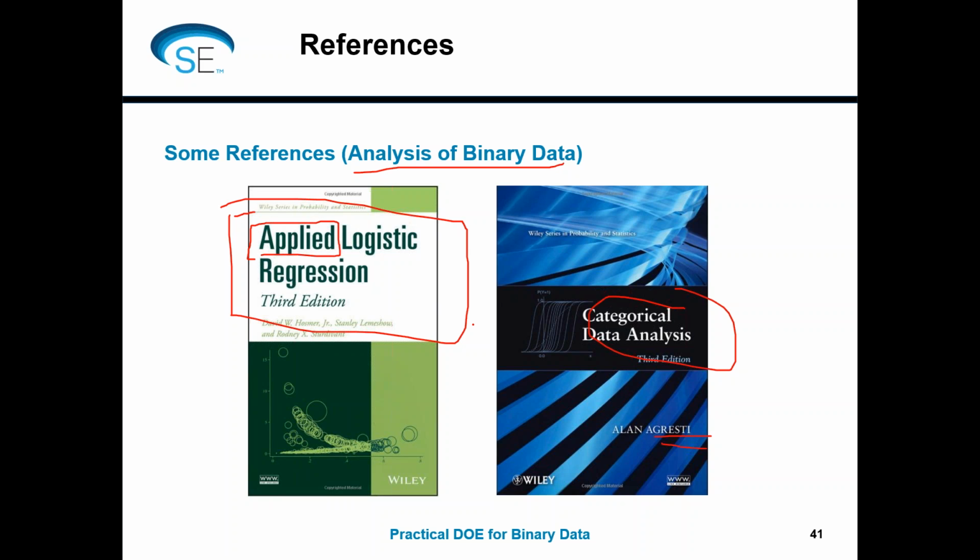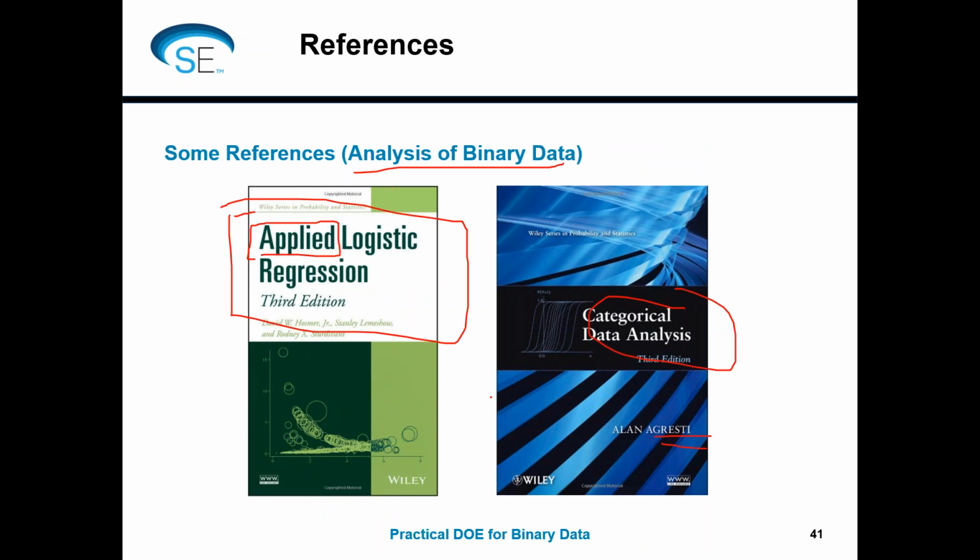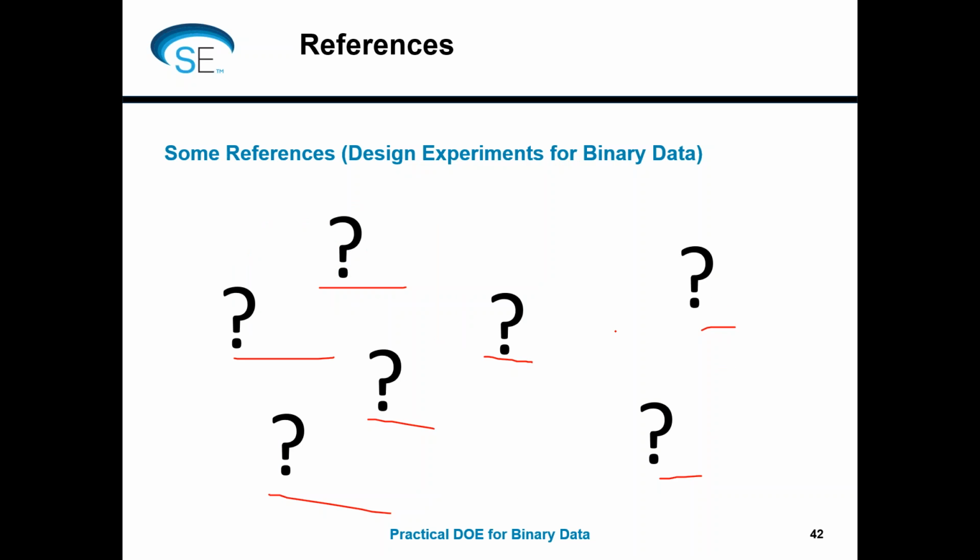bunch of other topics. Now, I went and tried to search for books on designing experiments for binary data, and I wasn't able to really find one single good reference. I found a bunch of books on design and analysis of experiments with binary data, but maybe 90% of the material was on the analysis, not on the design.